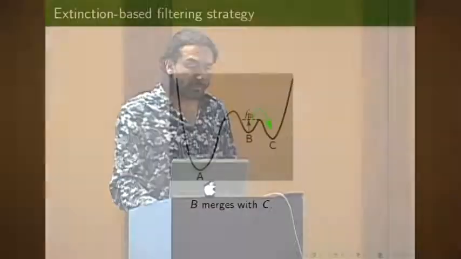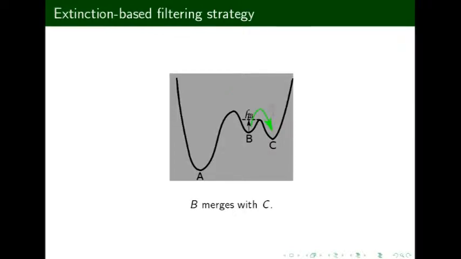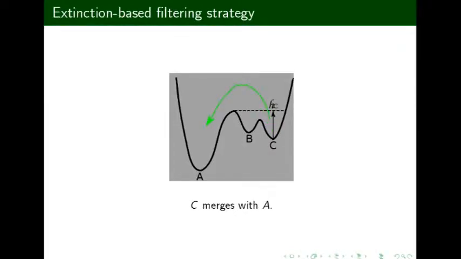What I choose here is the altitude, and I say that a minimum is lower than another minimum if the altitude is lower. But you can choose another criterion. And so when you filter, for example, you can compute the altitude of this minimum, and you say that B will merge with C, and then C will merge with A.